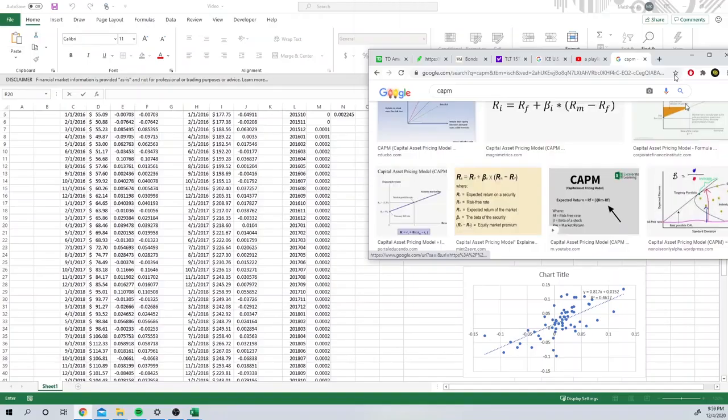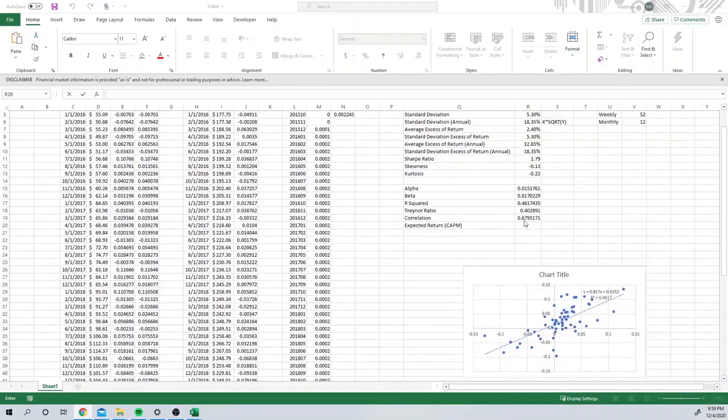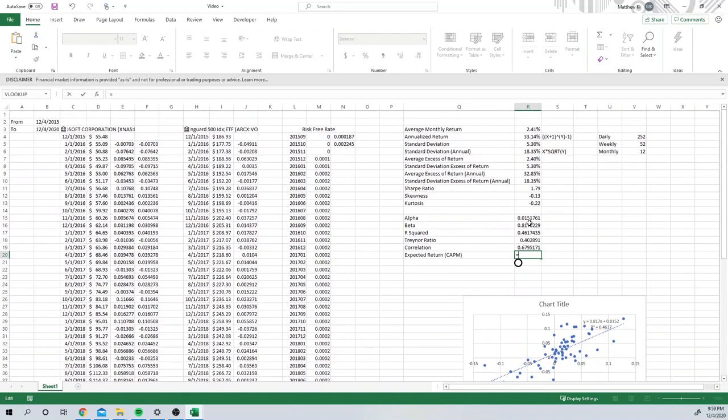So if you want to get an expected return from all this, you do the risk-free rate, which is this number, minus beta times the market return right here, or not the market, the annualized return, or the return, depends how you're calculating it, minus the risk-free rate. All right.